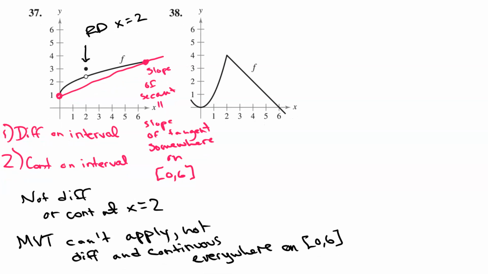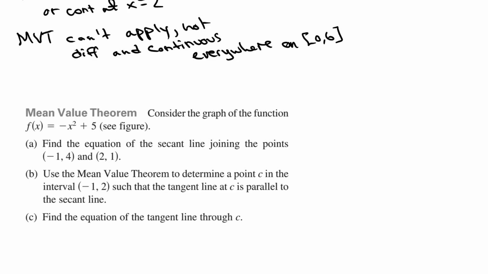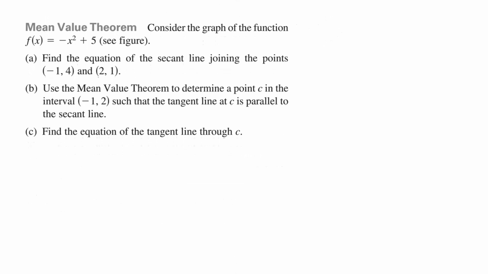Right. And lastly, we're going to look at an application of the mean value theorem, as well as a bit of a blast from the past with a tangent line problem. So we're going to consider the graph of negative x squared plus 5. So that graph is going to have intercepts at plus or minus root 5.